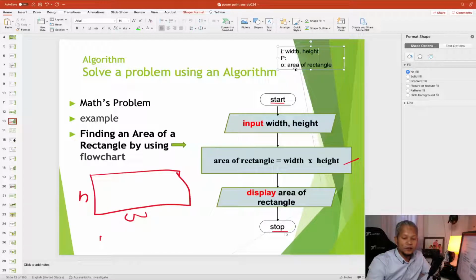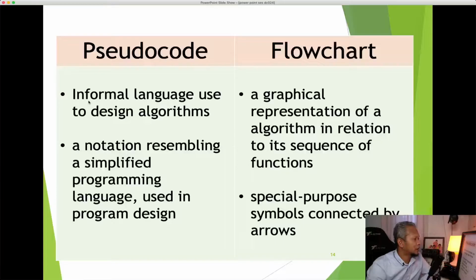Pseudocode is informal language used to design an algorithm, but the flowchart is a graphical representation. Using the graphical representation, we use special shapes. Those graphical shapes are special; they are not randomly chosen.